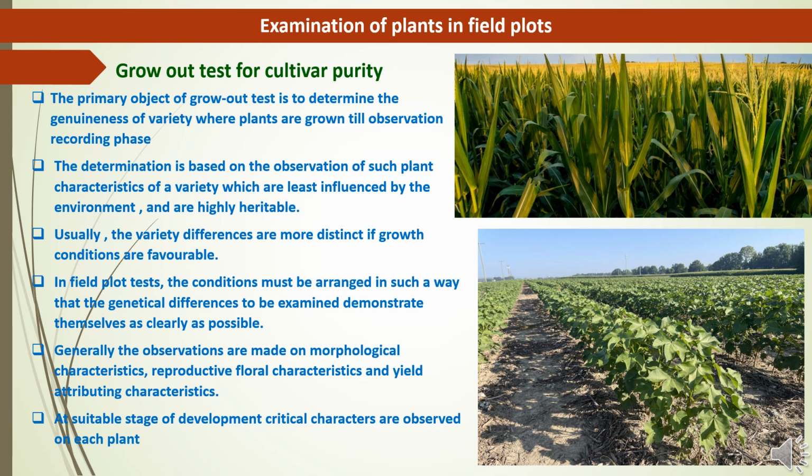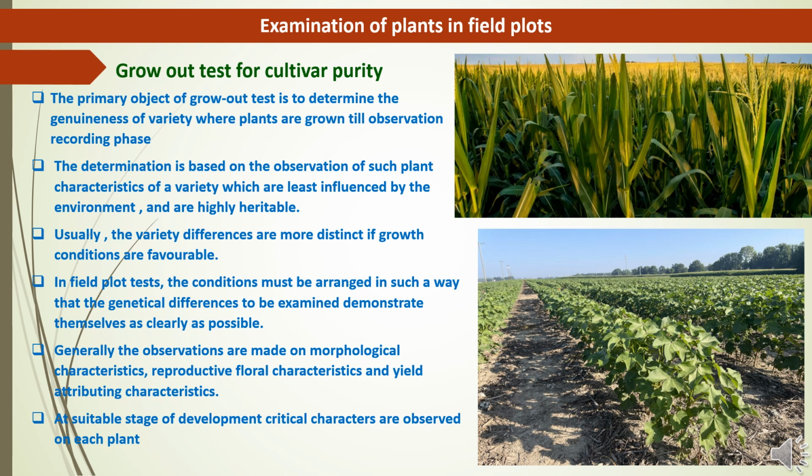Usually, the variety differences are more distinct if growth conditions are favorable and plants have optimum, ideal growth. In a field plot test, the conditions must be arranged in such a way that the genetical differences to be examined demonstrate themselves as clearly as possible.